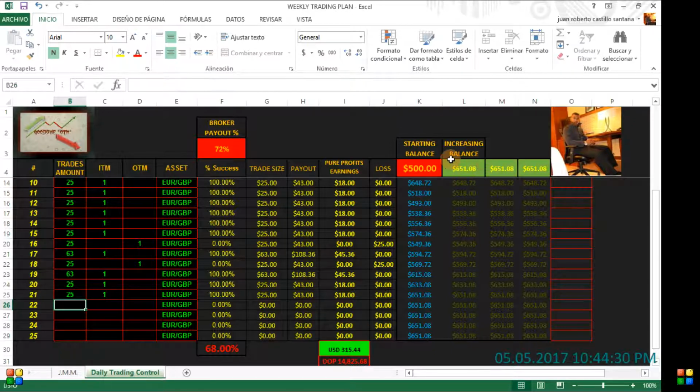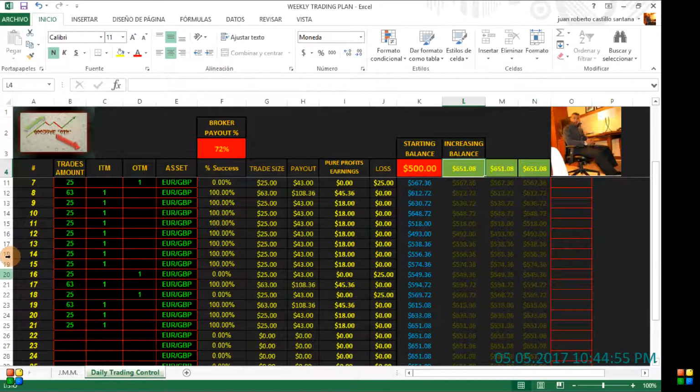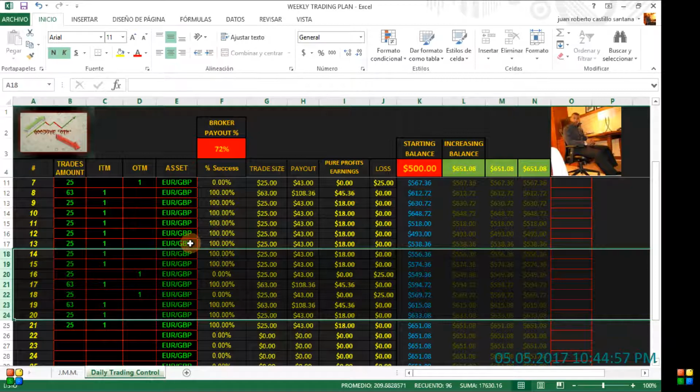I will fix the formula here because I believe the formula is not reading on this particular box right here, so don't worry about this one. In yours, which is with different colors and all this, it is correct. This one, I added a few more rows in order to place longer trades.